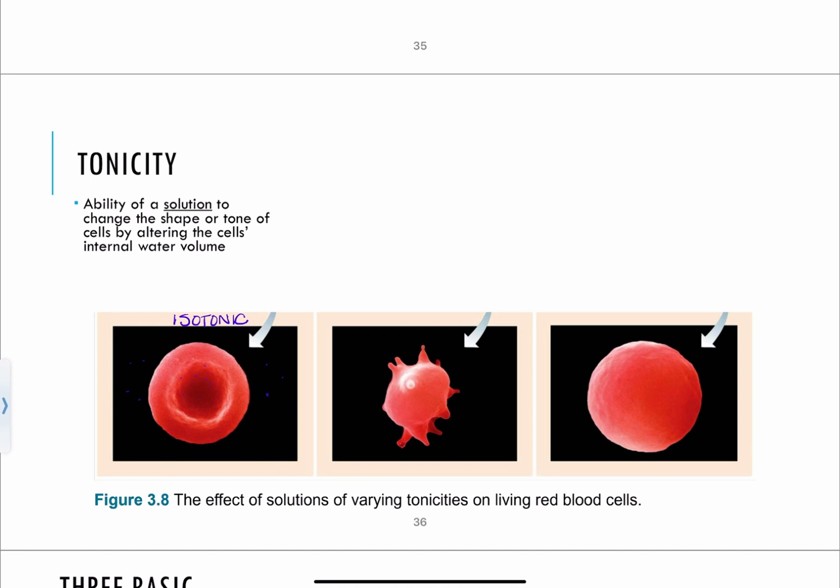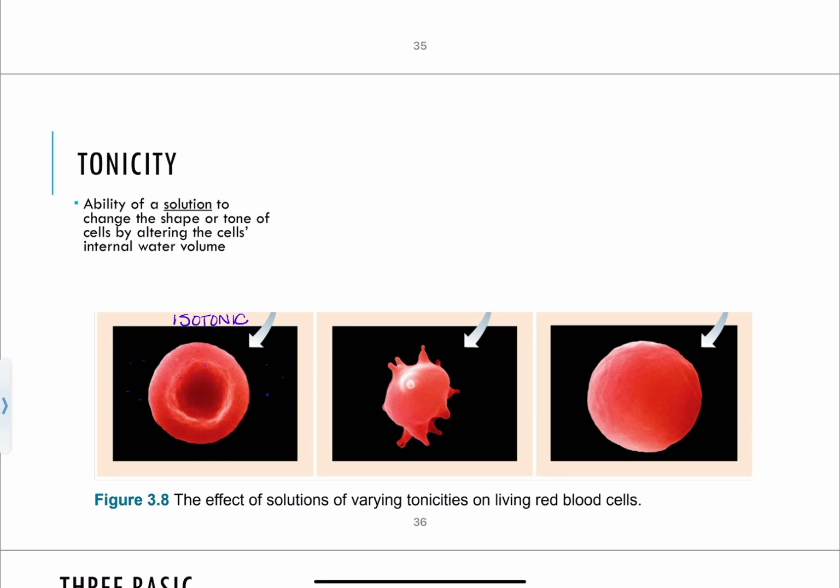You have your normal red blood cell shape. There's no net loss and no net gain of water. Water is still crossing the plasma membrane, but it is not crossing more heavily in one direction. So in an isotonic solution, the red blood cell's shape stays the same, with no net movement of water.